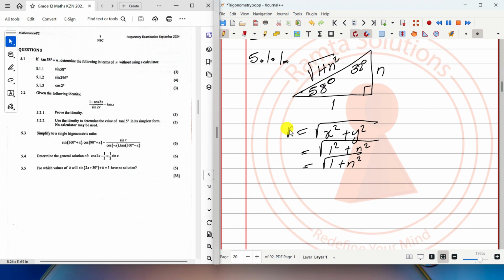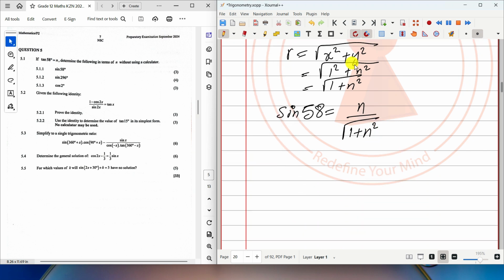Now, for 5.1.1, they say we must find sine 58. Sine 58, as you can see, is opposite, which is n, over hypotenuse. Hypotenuse is the square root of 1 plus n squared. So you need to rationalize the denominator. You can leave it here, but please rationalize the denominator.